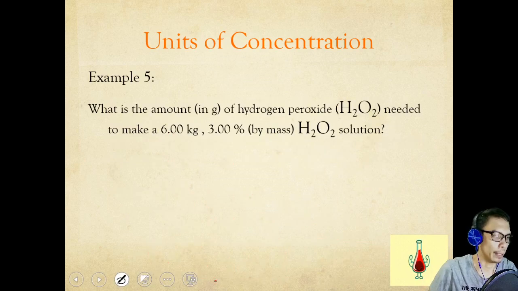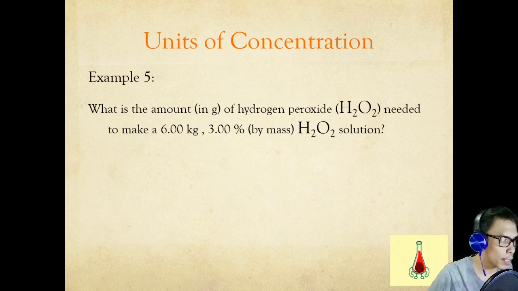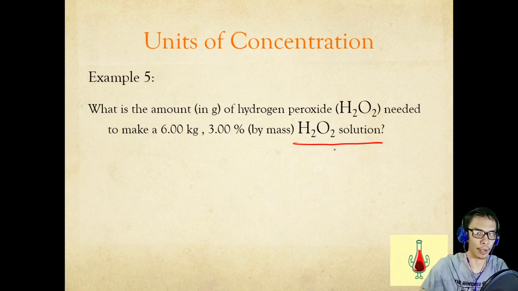The last one, for our last example that we have right here, example number 5. What is the amount in grams of hydrogen peroxide needed to make a 6 kilogram, 3% by mass hydrogen peroxide solution?